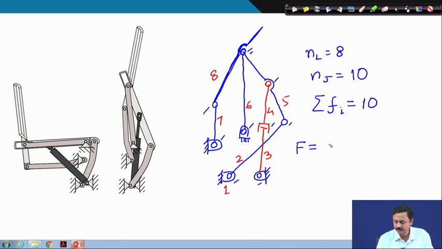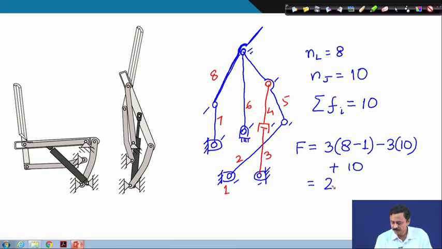So, degree of freedom is 3 times number of links minus 1 minus 3 times number of joints plus summation of degree of freedom of all joints, 21 minus 30 plus 10, that gives us 1 degree of freedom, and this is controlled by this prismatic actuator.